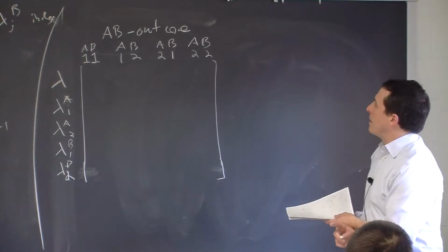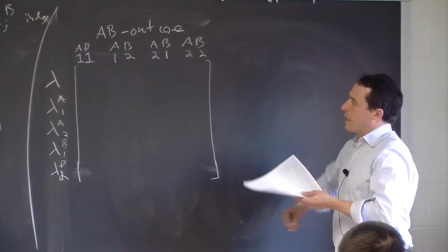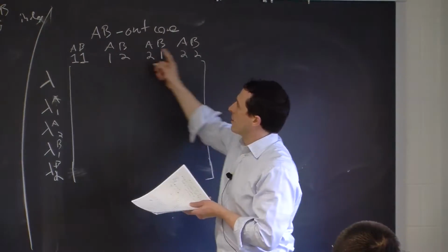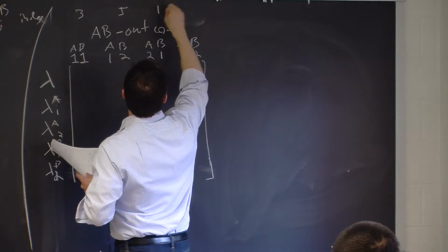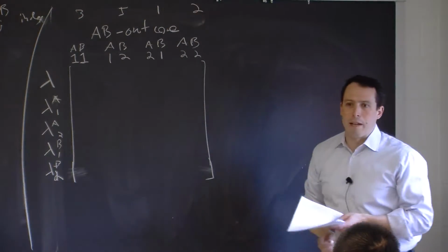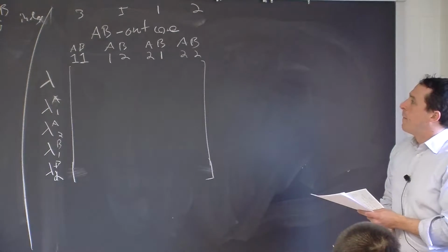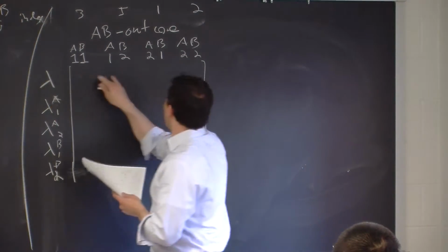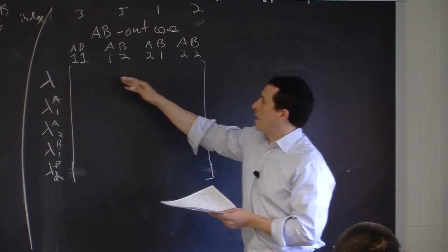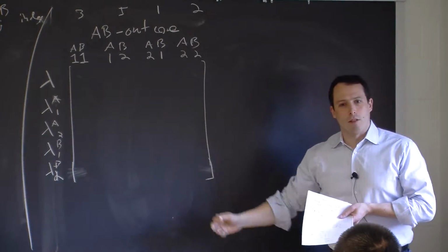And I want to think about this matrix as computing the count. So if I plug into this a table of outcomes, like say, I saw 3, 5, 1, 2 when I ran my experiment, the row that corresponds to lambda should count the grand total. So what is a grand total?